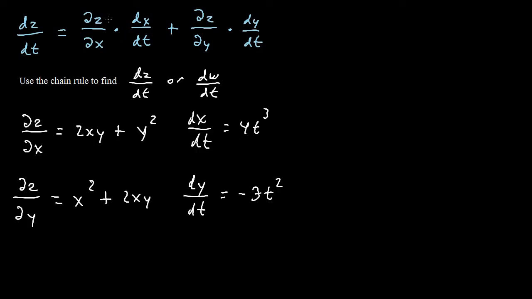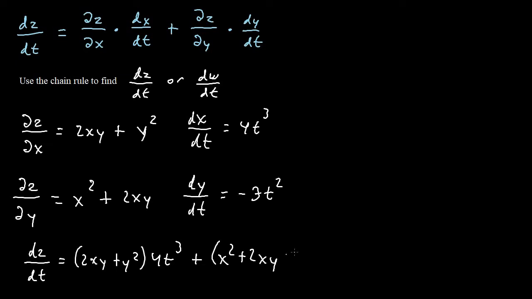Now if we plug everything into the formula, once again dz/dt, or the derivative of z with respect to t, is going to be equal to the partial derivative of z with respect to x, which we found to be 2xy plus y squared, times dx/dt, which we found to be 4t cubed, plus the partial derivative of z with respect to y, which we found to be x squared plus 2xy, times dy/dt, which is negative 3t squared.